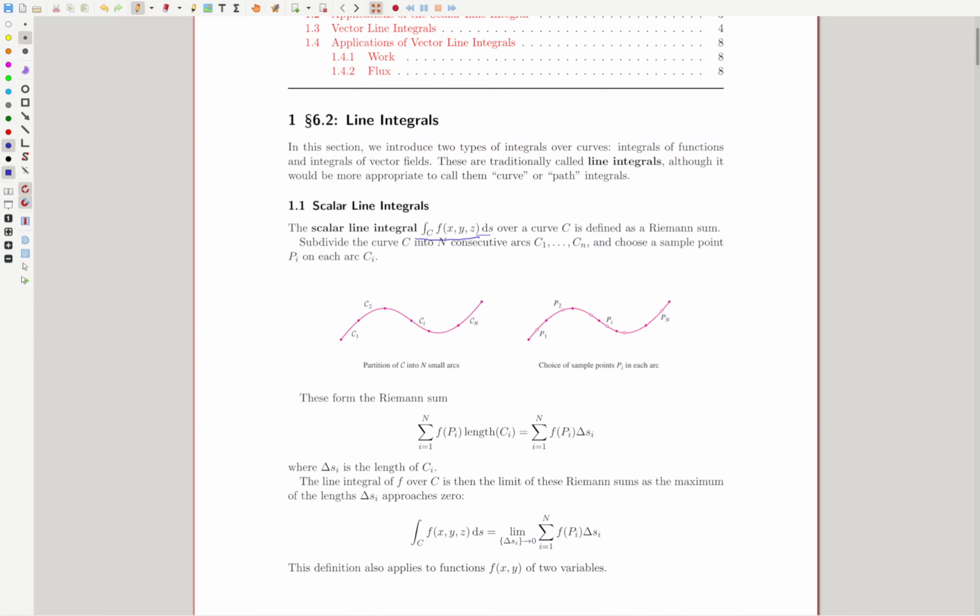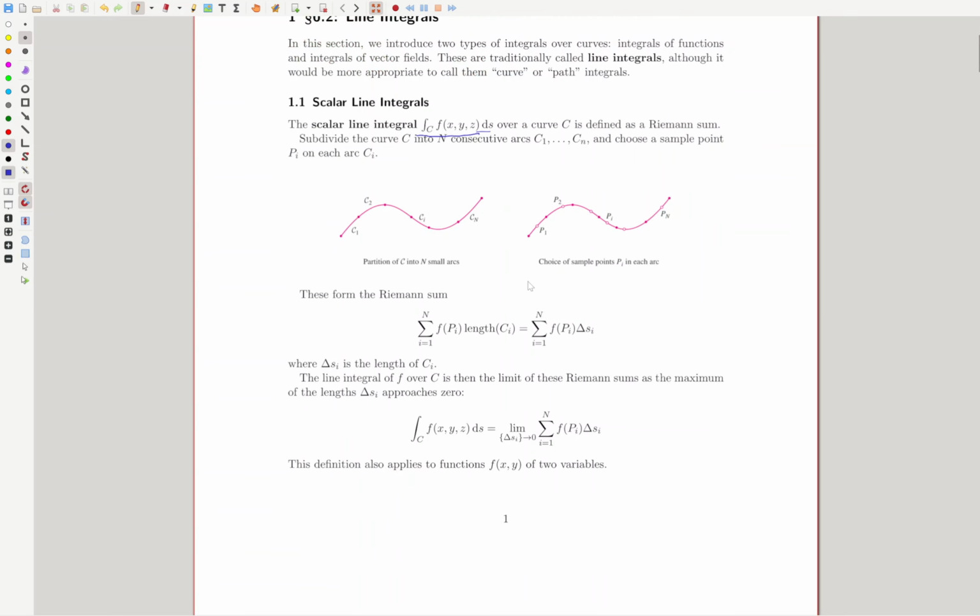And then to turn this into an integral, you take the limit as the size of your subdivisions goes to 0, which means that the n would go to infinity. So this limit of this sum ends up being the definition for how you create the scalar line integral. This is similar to how the notion of integral was defined.